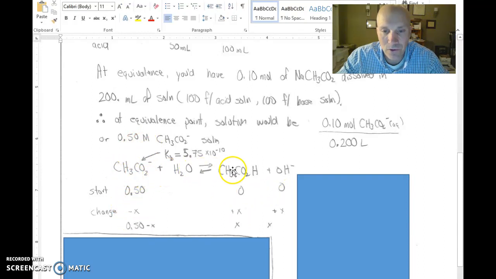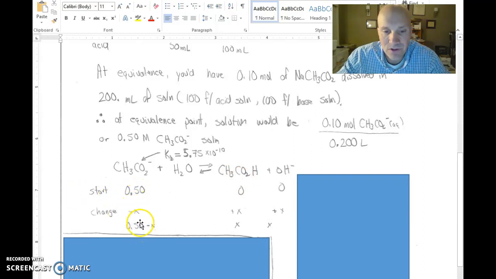This is all 1-to-1 coefficients, so we could say you would lose a certain number of moles of this, and you would be adding the same number of moles of this. We're assuming that we're doing this in 1 liter. Once you get to molarity, you can just assume that you're doing it on a 1 liter solution, and it simplifies things.